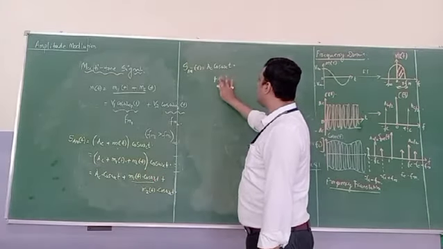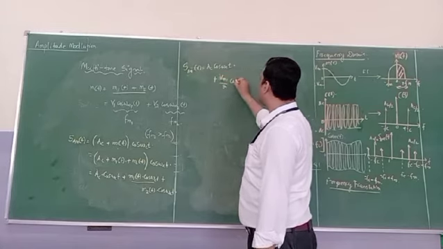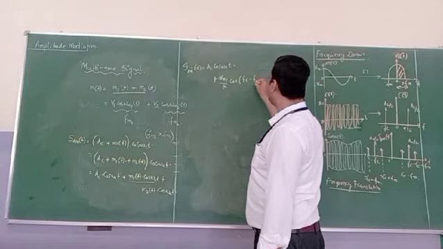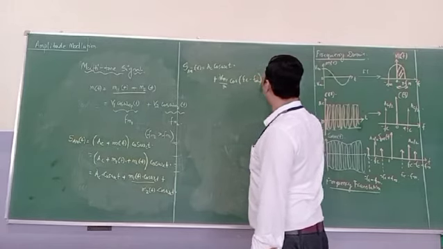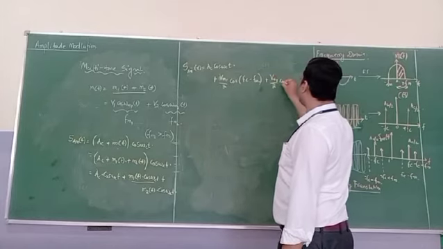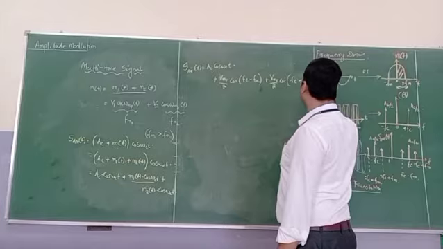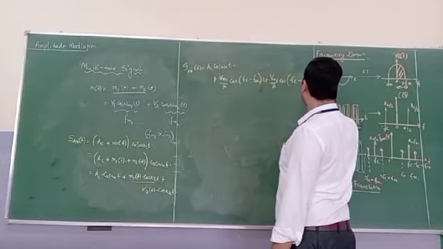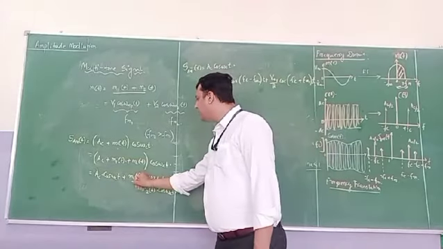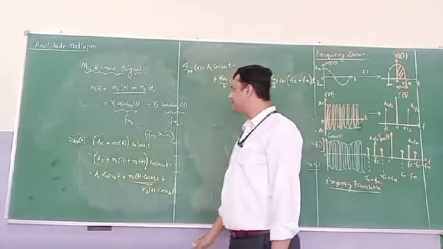It is Vm1 divided by 2 cos of (Fc minus Fm1) plus Vm1 by 2 cos of (Fc plus Fm1) into t. So these are the two sidebands extracted from m1 of t cos omega ct.